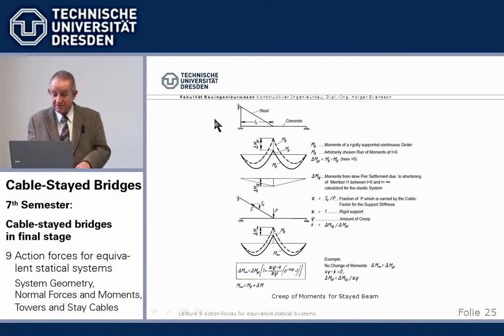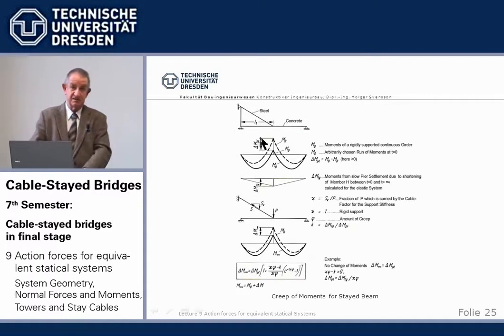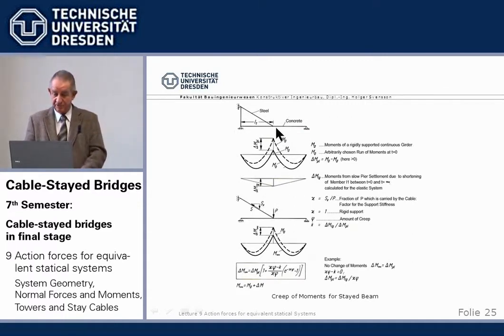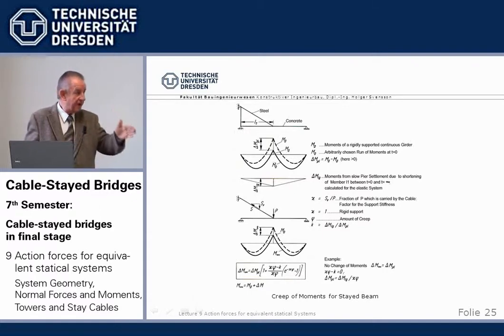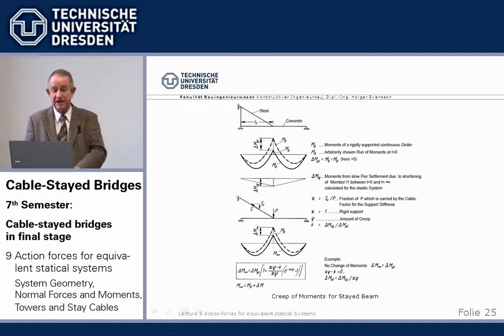Now, cable stayed bridge, things are getting a little bit more involved, I'm afraid. But we have the two principles. We have at the end of construction certain beam moments which may differ from those which would occur if we have rigid supports at the cable anchor points. This delta M sudden.